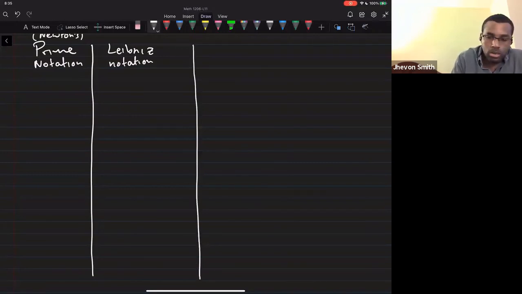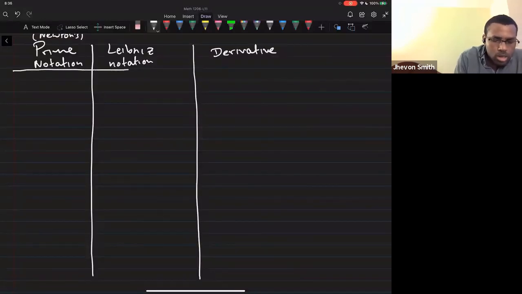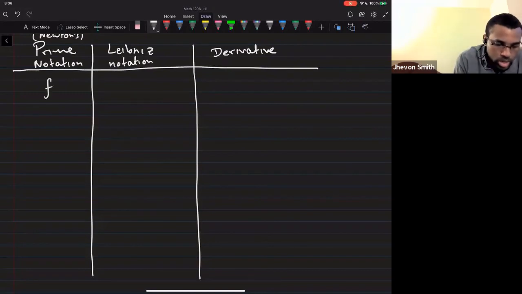Okay, so we already know the notation for the first derivative, right? This is f prime of x, and this would be dy dx, right? And this is the first derivative.